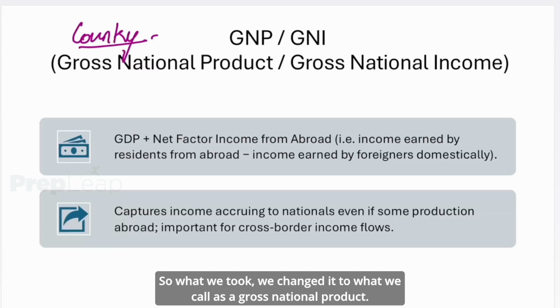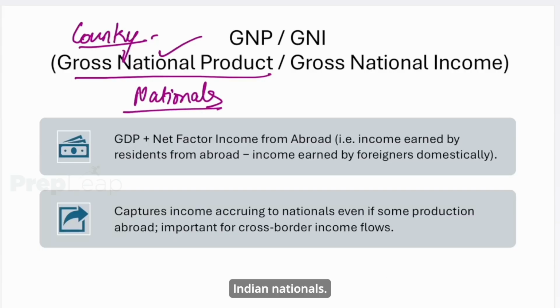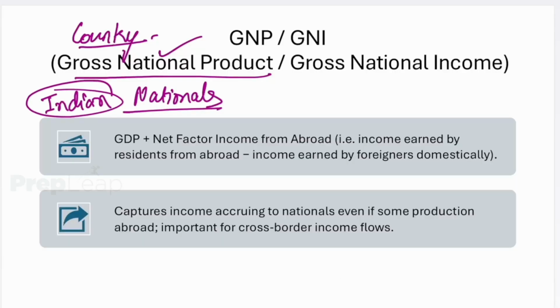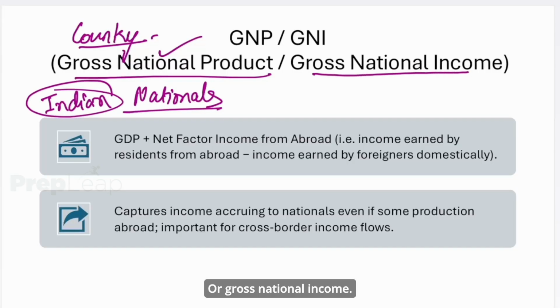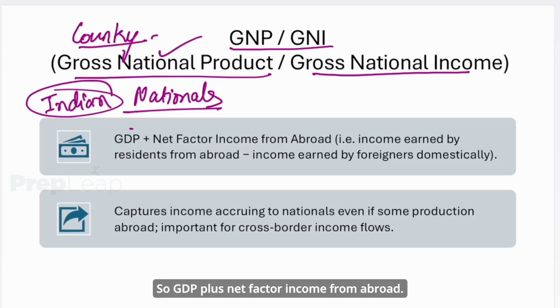So what we did, we changed it to what we call gross national product. Why national? Because it is by the nationals of India, Indian nationals, or gross national income. That is the amount of income that we are generating, GNP or GNI. So GDP plus net factor income from abroad.